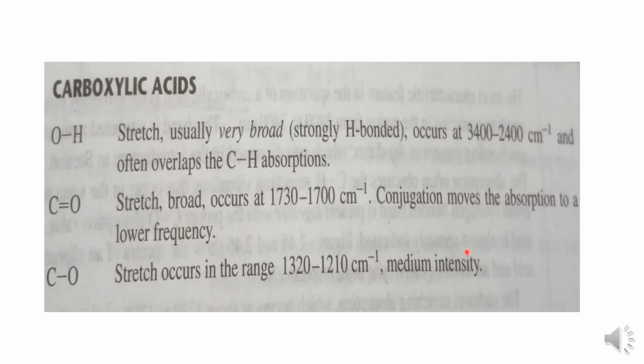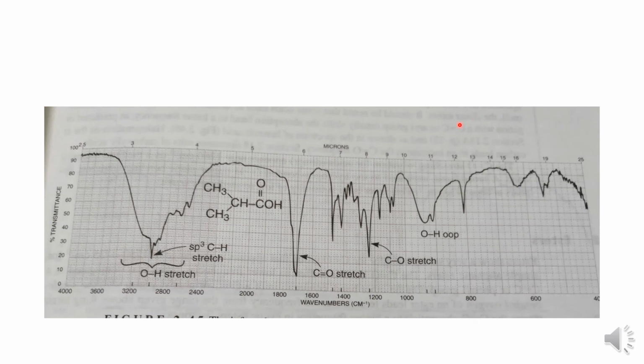There is also a CH stretch band in this case. This is the spectrum. This is the OH broad band, and this is the CH stretch frequency. This is the carbonyl stretch frequency, which is 1730 to 1700 per centimeter.